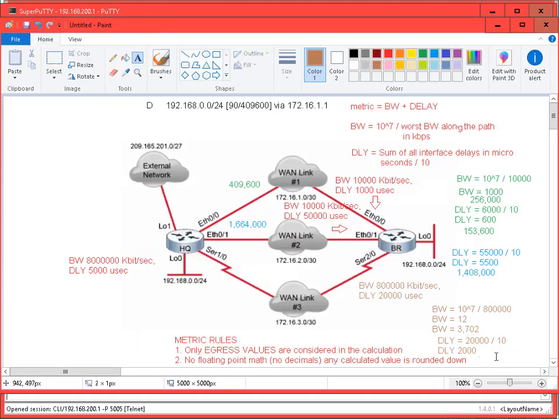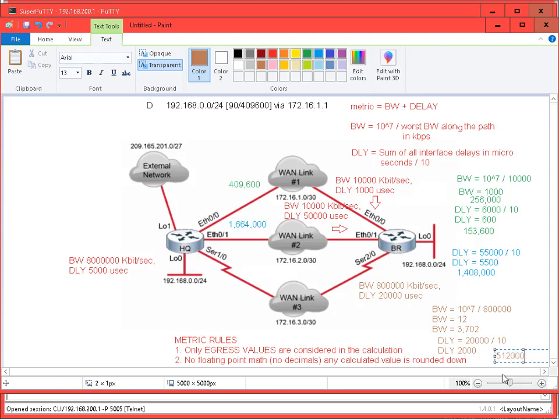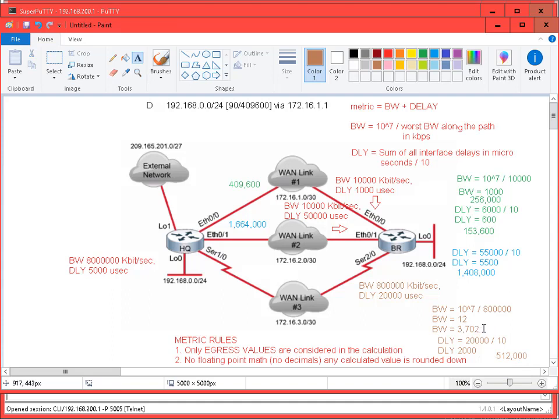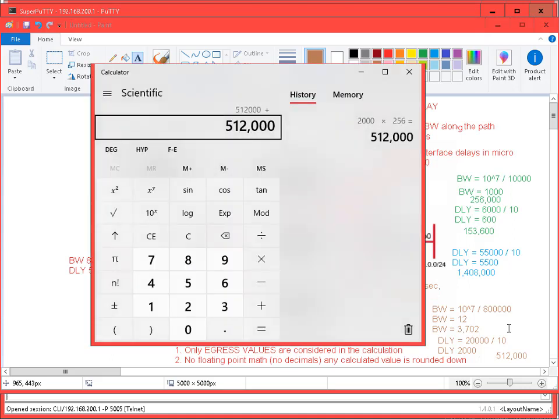So that becomes the delay value, 512,000, and I add that to my, that doesn't make sense either. Oh no, that's right. Got to add the offset. So I take my 512,000 and I add my 3702. So that becomes essentially the local metric.